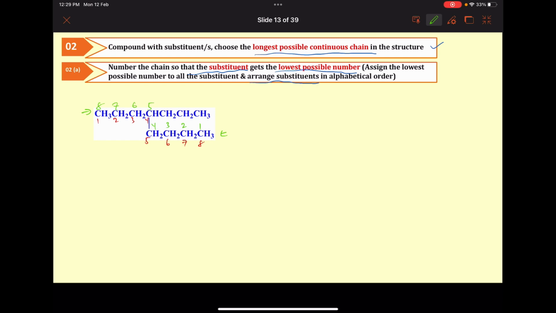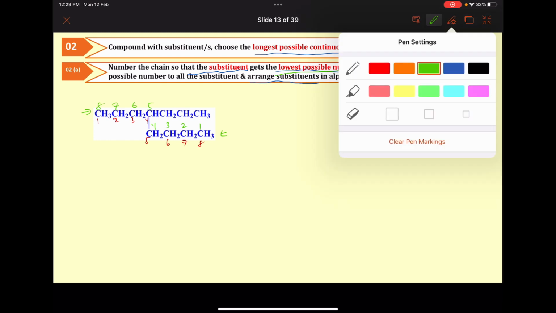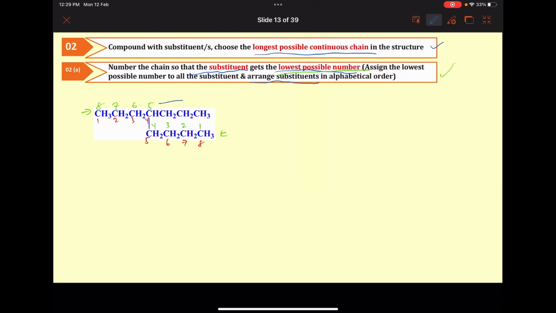Okay, so based on step 2A, we need to find the number of chains with the substituent that gives the lowest possible number. So which means bila kita tengok dekat sini, ini adalah substituent. Kalau kita guna the red root, the substituent attached at the 4th carbon.